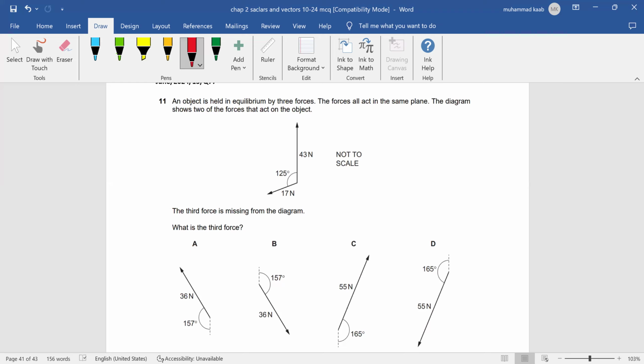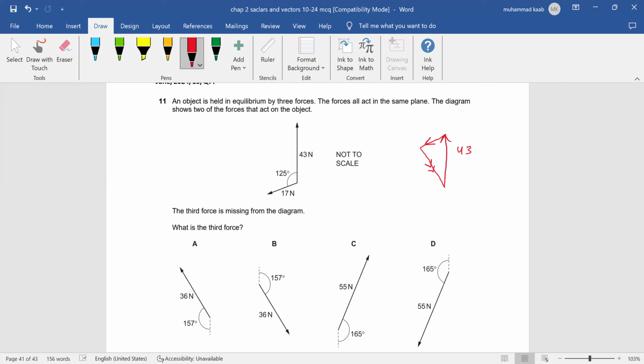It's not a moment question, bro, moments will never come in this. You only have to consider the vector triangle. So if you draw the vector triangle, with 43 and this 17, your resultant would be downward.